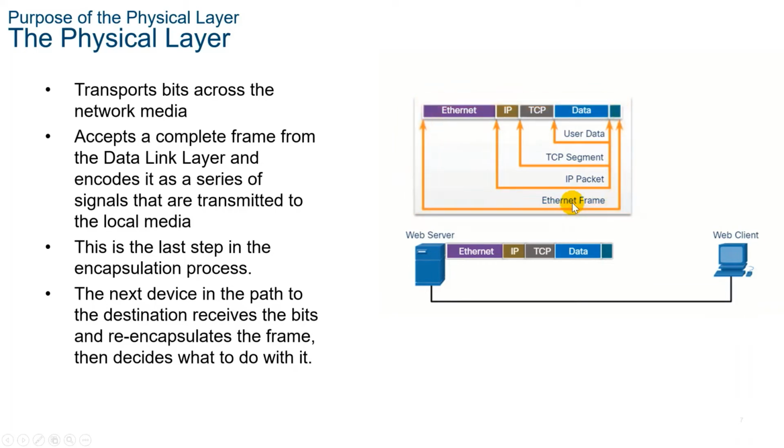This Ethernet frame will be forwarded on the physical layer on the cable, and it is now in the form of bits before it is forwarded to the workstation or to the intermediary devices. That is the encapsulation process until it reaches the physical layer.